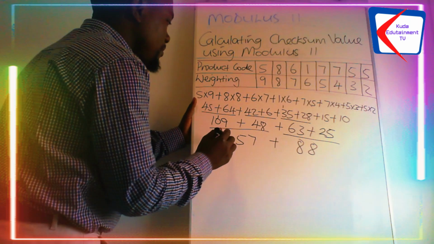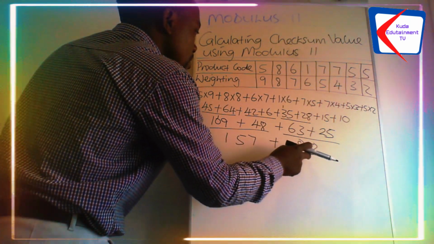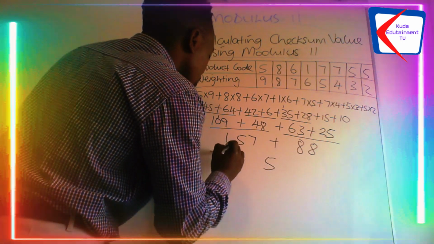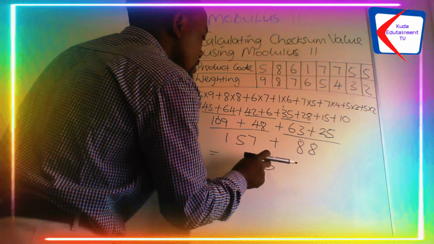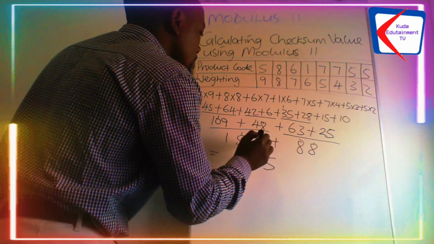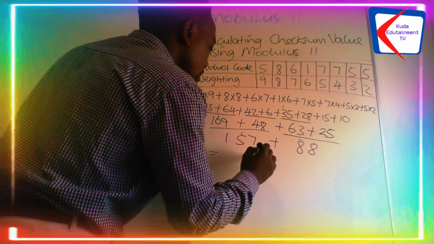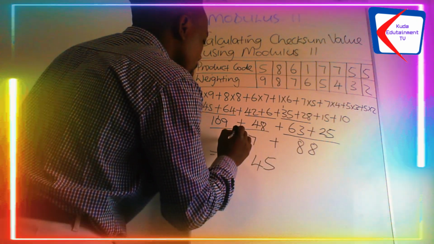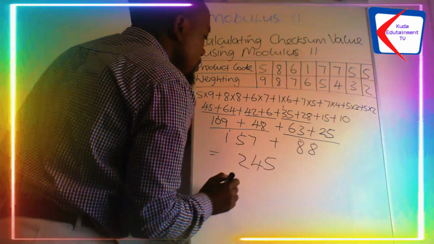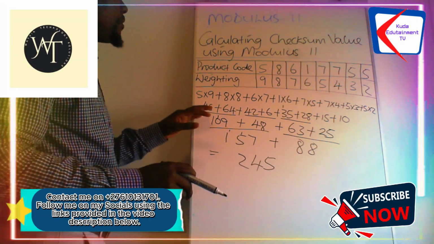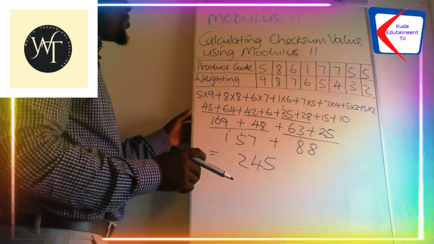So 157 plus 88: 8 plus 7 is 15, 5 carry 1, 6 plus 8 gives us 14, which is 4 carry 1, 1 plus 1 is 2. So we get 245 after adding all these products.